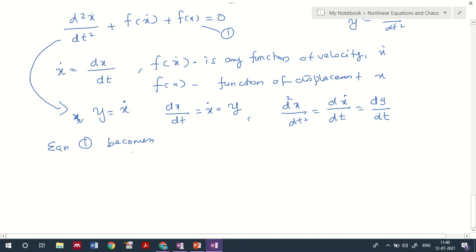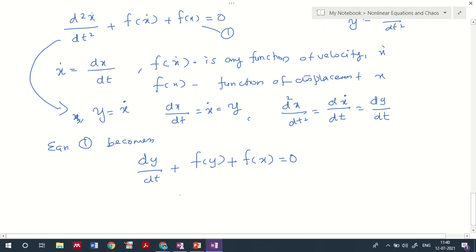Now this equation becomes dy by dt plus f of y plus f of x is equal to 0.